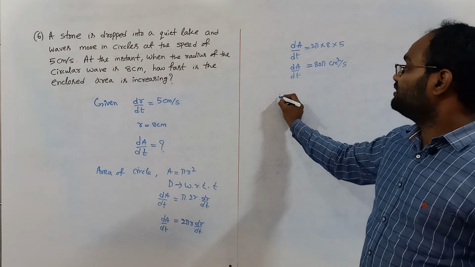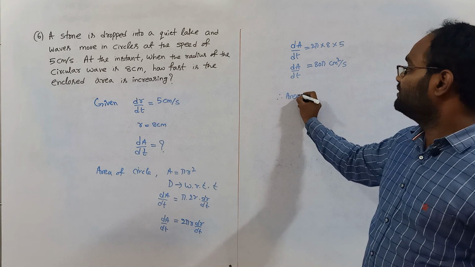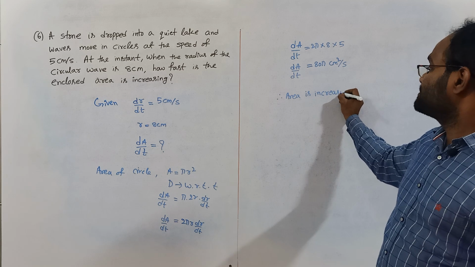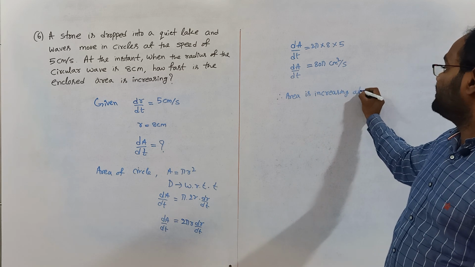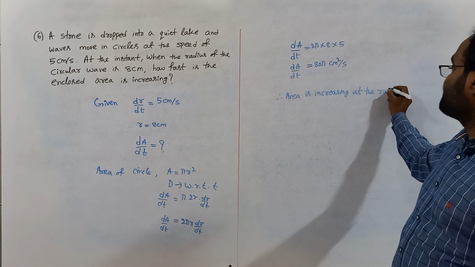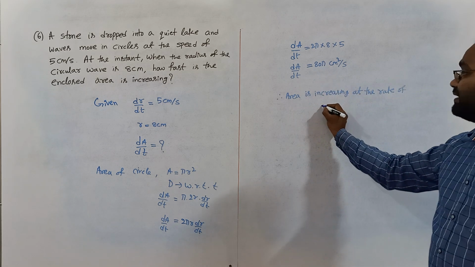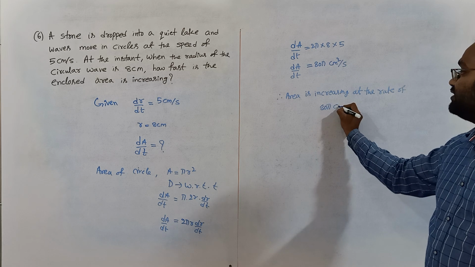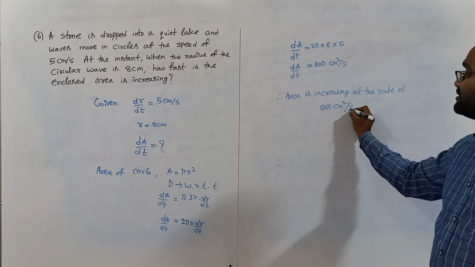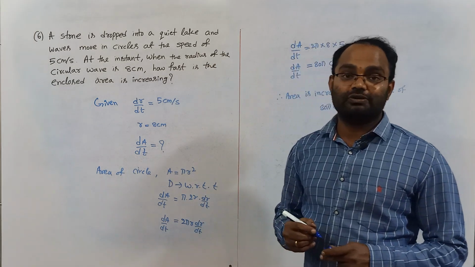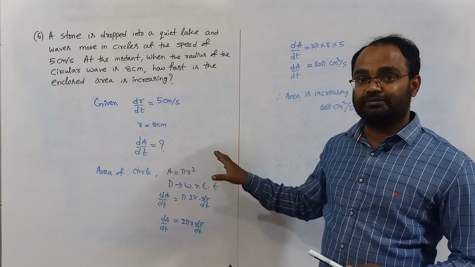Positive has come, therefore area is increasing at the rate of 80 pi centimeter square per second. That is the rate of increase of the enclosed area, that's what they have to find.